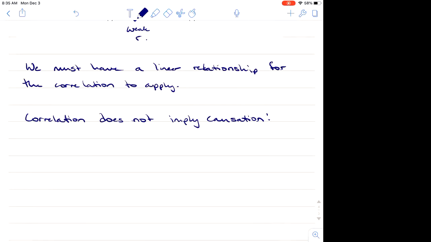It means that even if we have two things that change together, things like the weather and ice cream sales, they're correlated, but we can't say that if we just sell more ice cream, it'll get hot out. That would imply causation, that a change in one causes a change in the other.